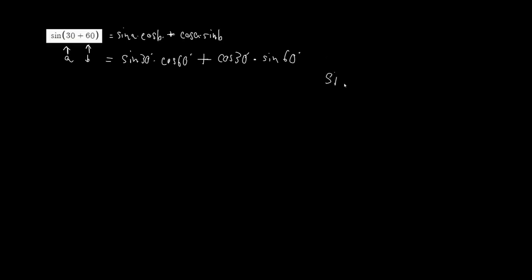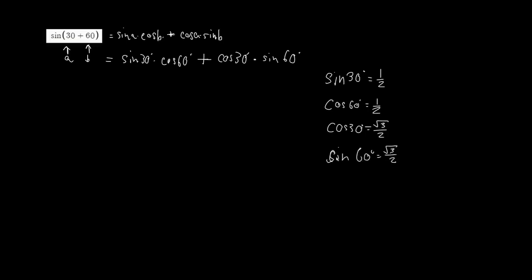If you have a specific trigonometric function with a special angle as input, sine 30 degrees is 1/2, cosine 60 degrees is 1/2, cosine 30 degrees is square root of 3 over 2, and sine 60 degrees is square root of 3 over 2.